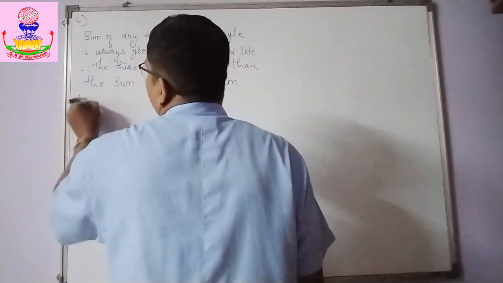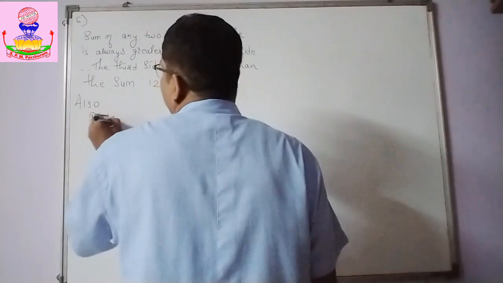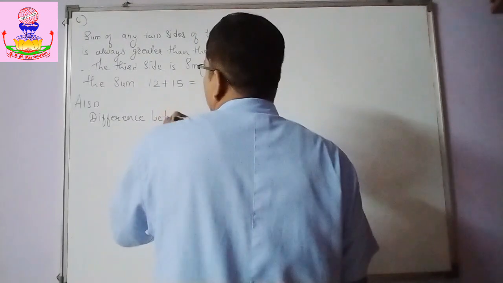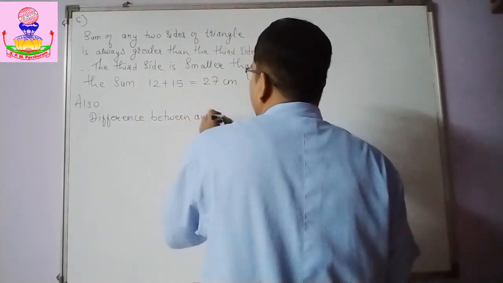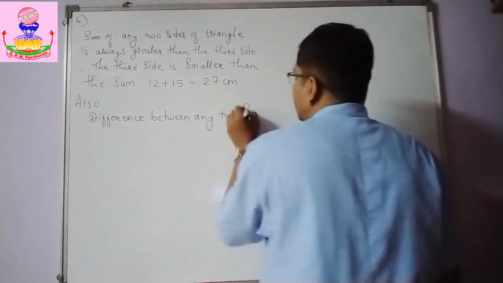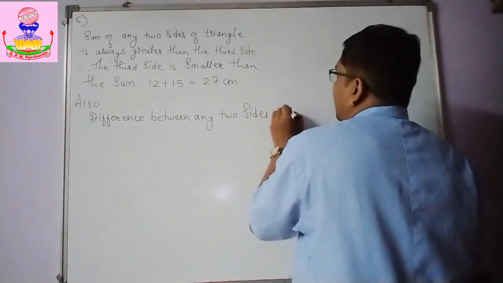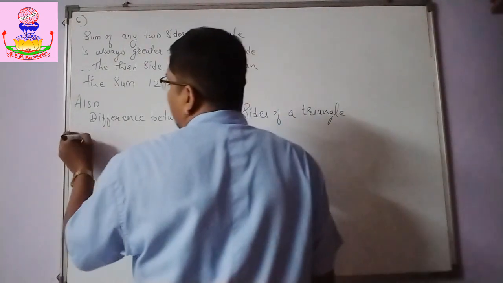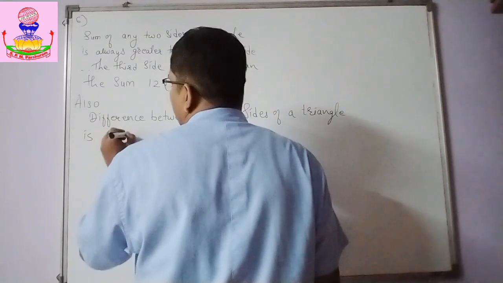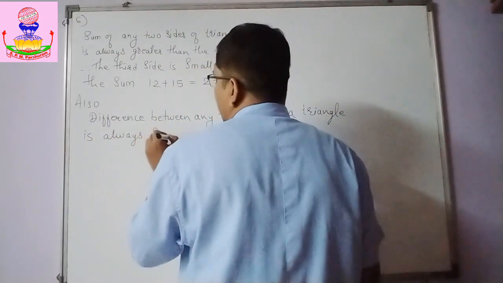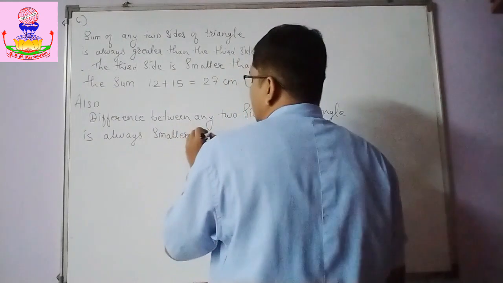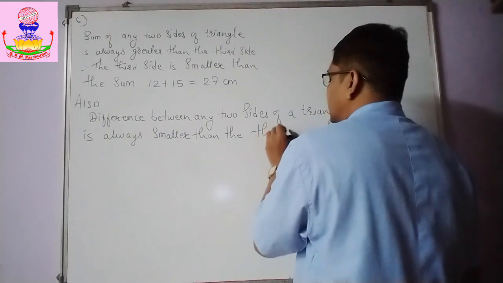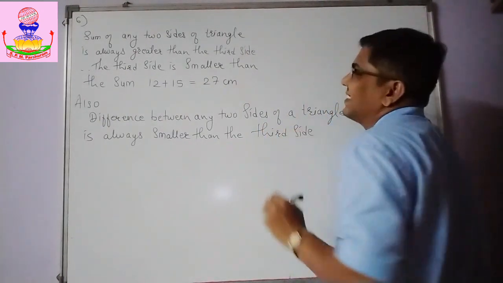Also, the difference between any two sides of a triangle is always smaller than the third side. What it means?